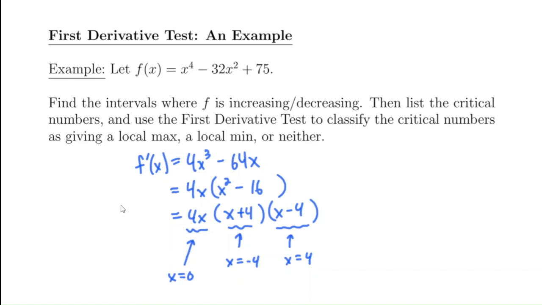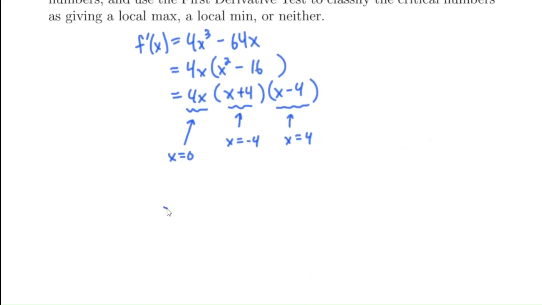And what we're going to do is use these critical numbers to draw a sign chart for f prime. So here's a number line. This is f prime. We're going to put the numbers on the number line. The smallest one is negative 4, the biggest one is 4, and the one in the middle is 0. At these critical numbers, f prime is 0. What about in between them and around them?